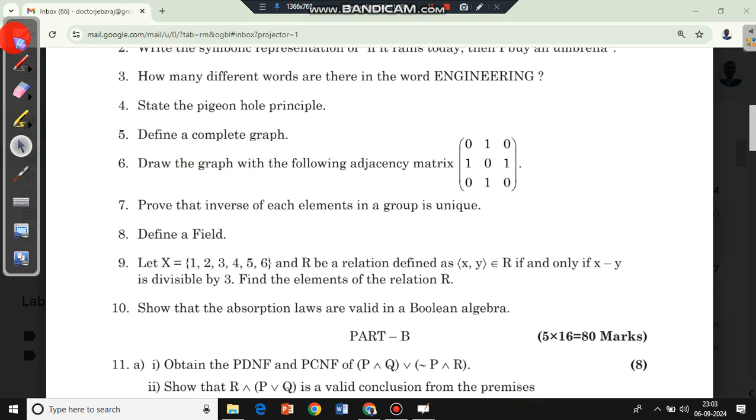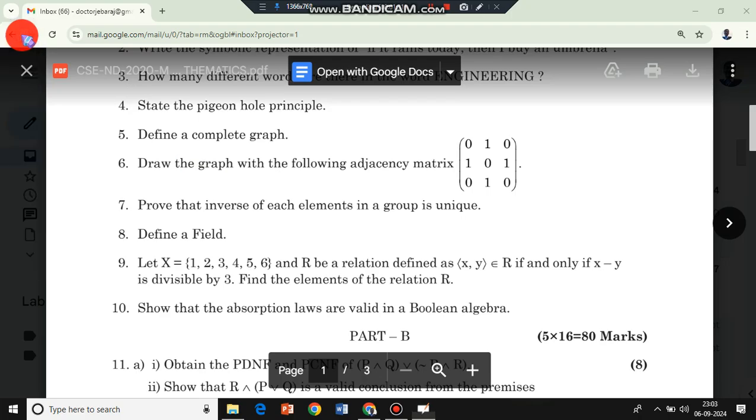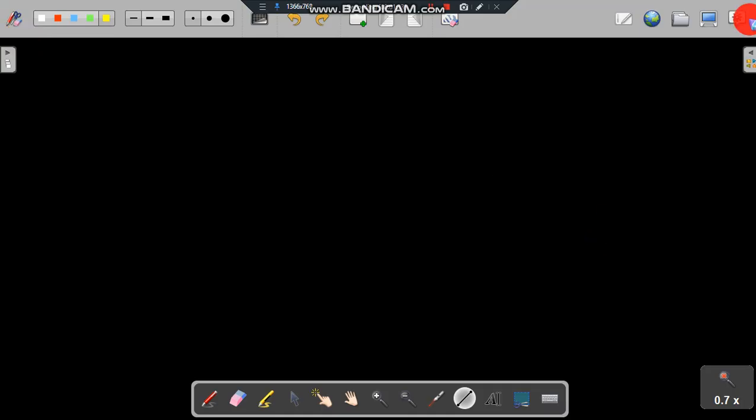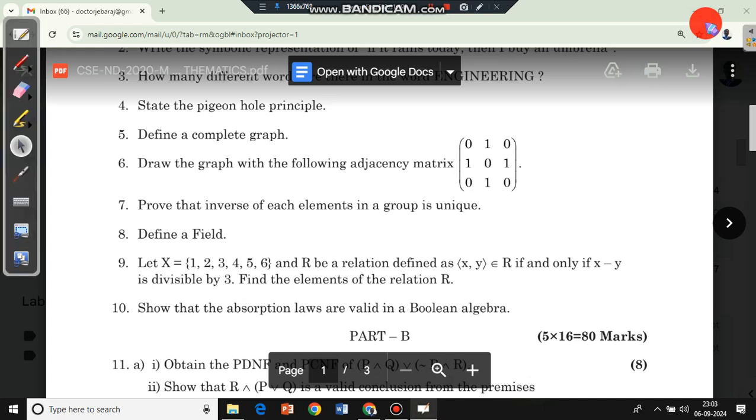Right, so let me take the blackboard. My blackboard is ready for the presentation. Okay, so what is the matrix given to us? 0 1 0 1 0 1 0 1 0.